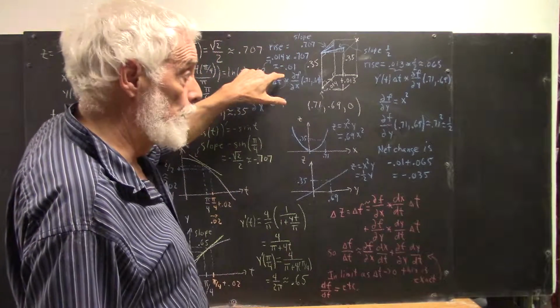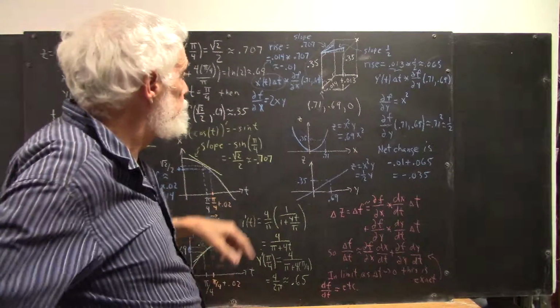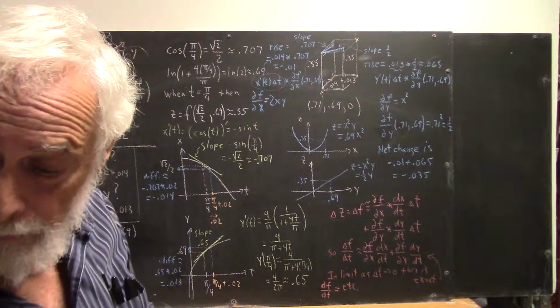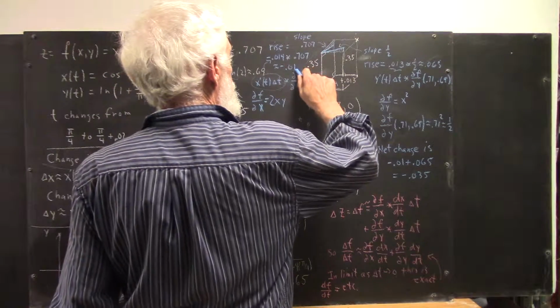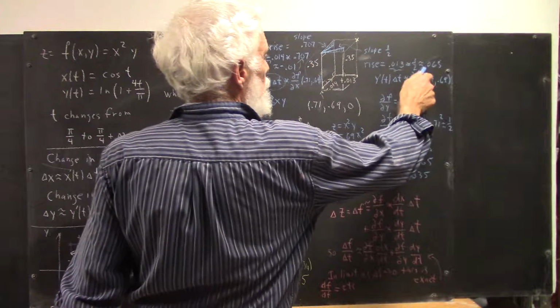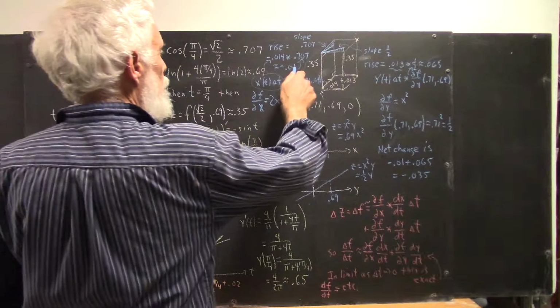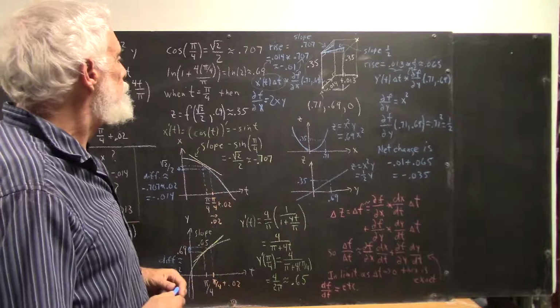You multiply those together, you get the rise. And that was calculated, the rise, from the value of the partial of f with respect to x.